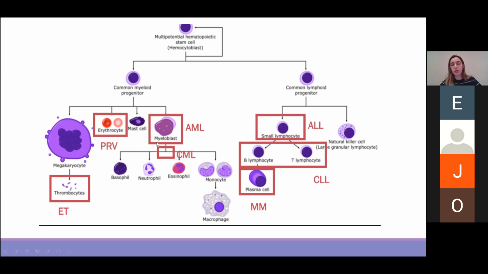If it's more of your mature cells, but it's still myeloid, then it's going to be chronic. If you've got your lymphoid progenitors, then it's acute, and then mature, it's chronic. And then here you've got multiple myeloma, which we'll go over in a bit of detail. And here are your other myeloproliferative ones, which we've already talked about.